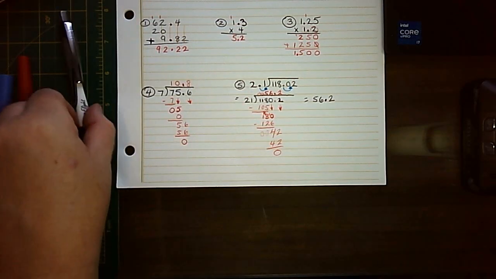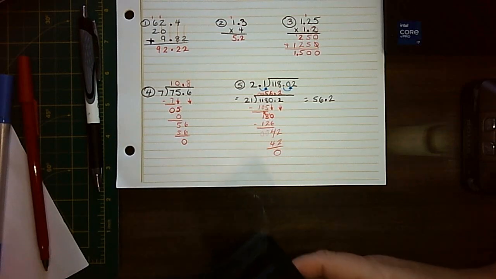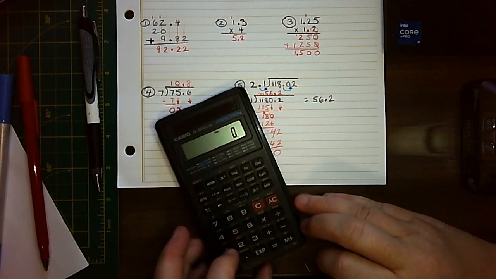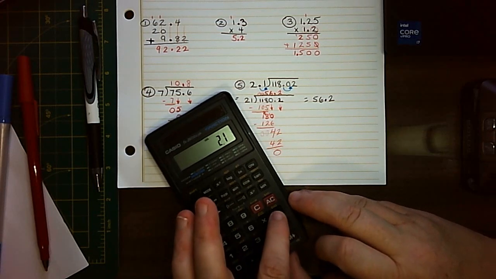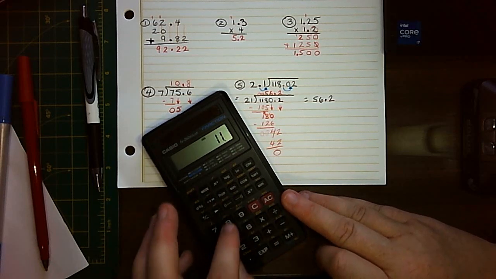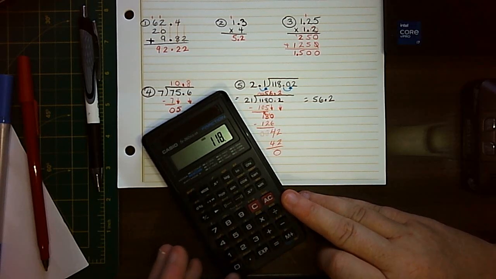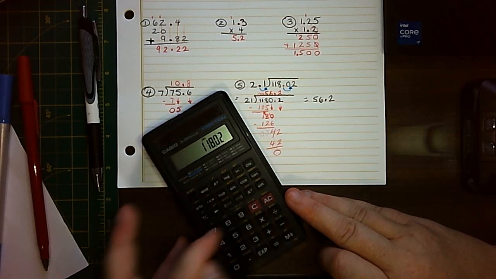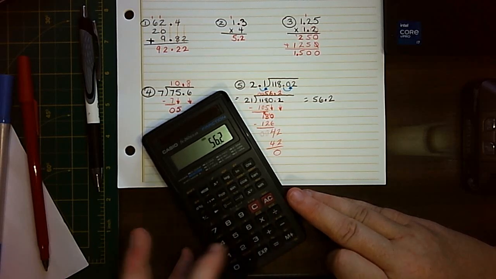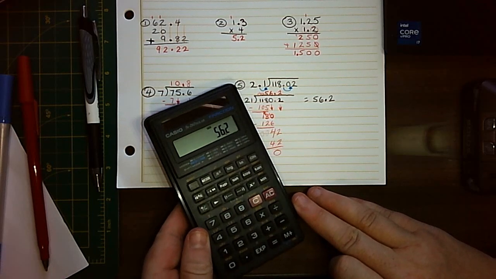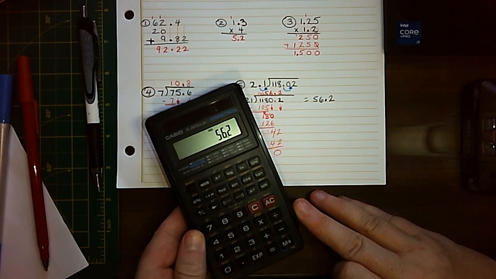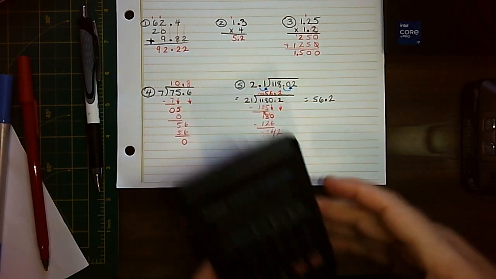Okay, and again, we could type that in. Right, 2.1, whoops, sorry, 118.02 divided by 2.1, we should end up with 56.2. Okay.